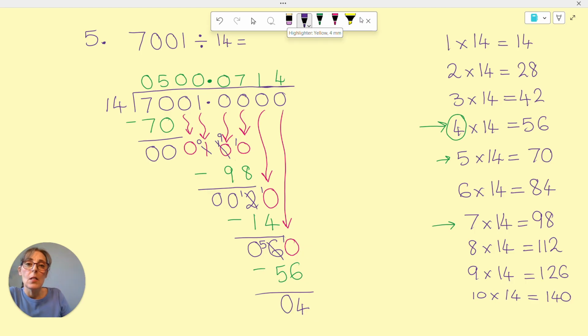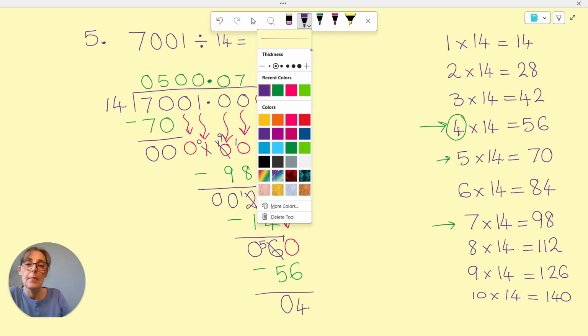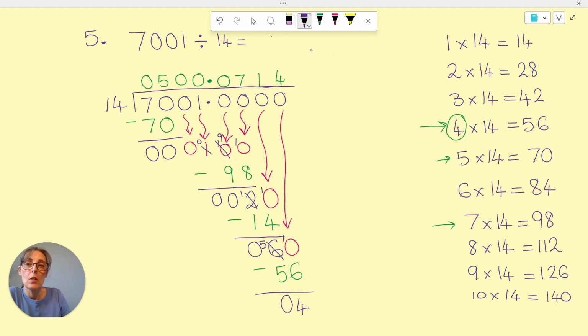So our answers for that are going to be, let's have a look. So we've got 500.6714 or 500 remainder. What's the remainder?